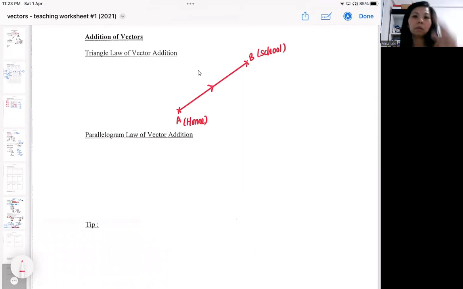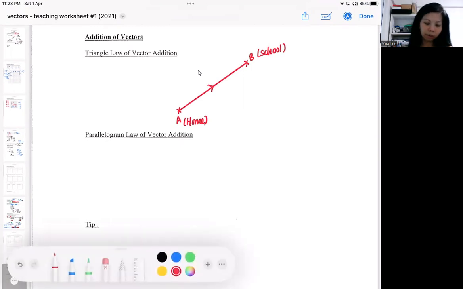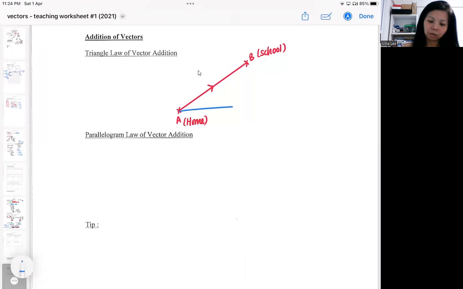So maybe there are two ways of going to school. Maybe from your house you take a train, and after you take a train, maybe you walk to school. Something like this. Okay, so that means it's like AC and CB.